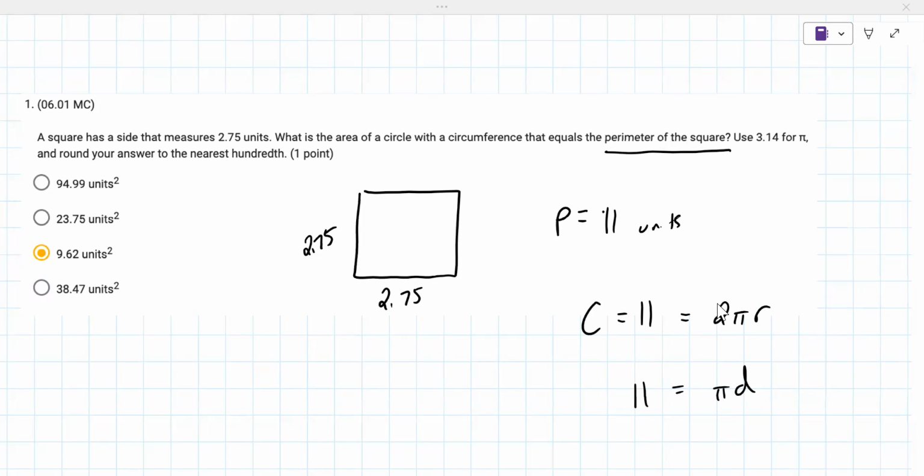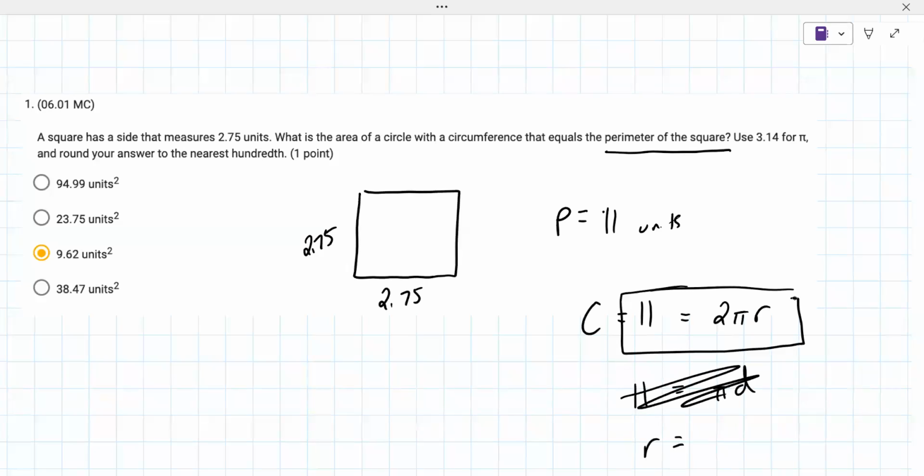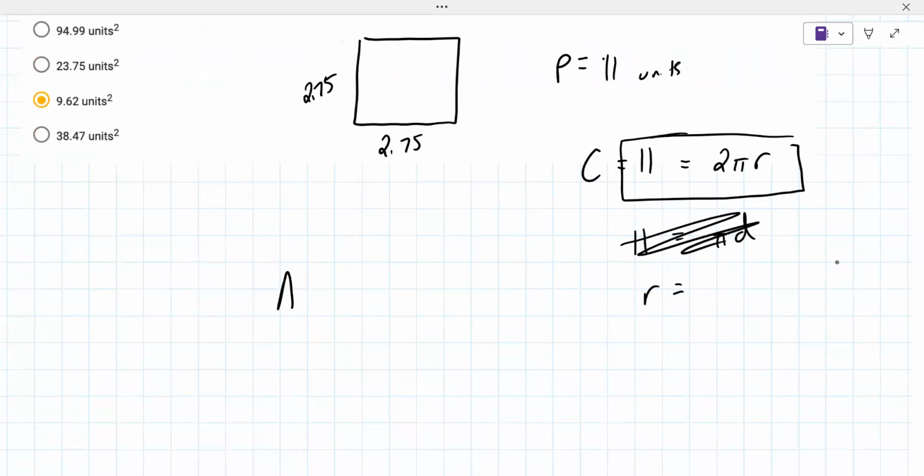So you want the radius. Once you get the radius, we have to use that to find the area. The area is pi r squared.